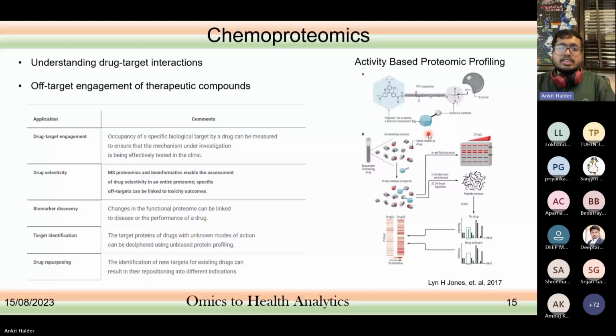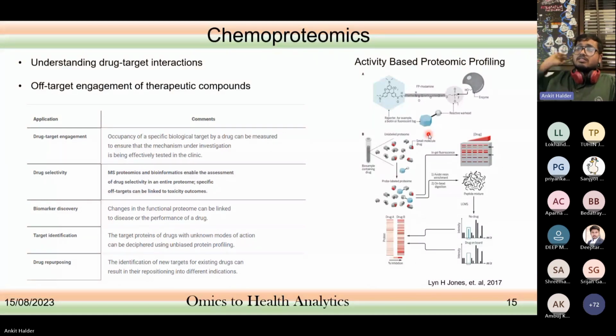But if it does bind, is it binding to any other molecule or other proteins or not? Then you will get the off target effect, what the effect of that particular drug is at your cellular level or machinery.